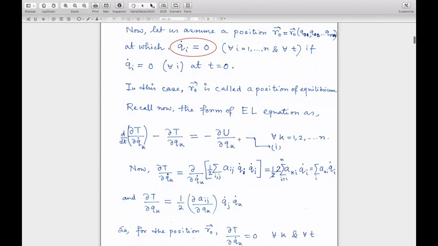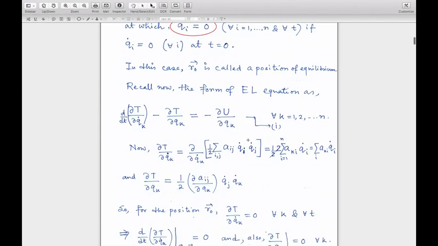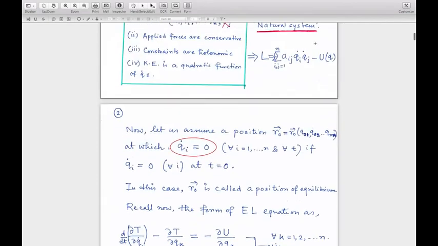This is just the penultimate form, which was obtained just before writing the whole thing in terms of the Lagrangian. But this was also equally true. If we write this equation, then we can evaluate the first term ∂T/∂q̇_k with the generalized expression of T, which is given over here.